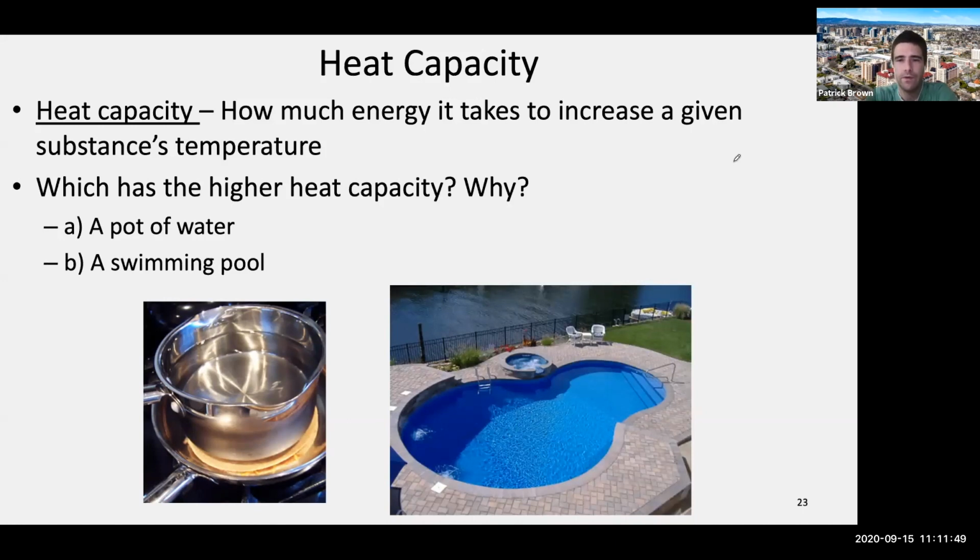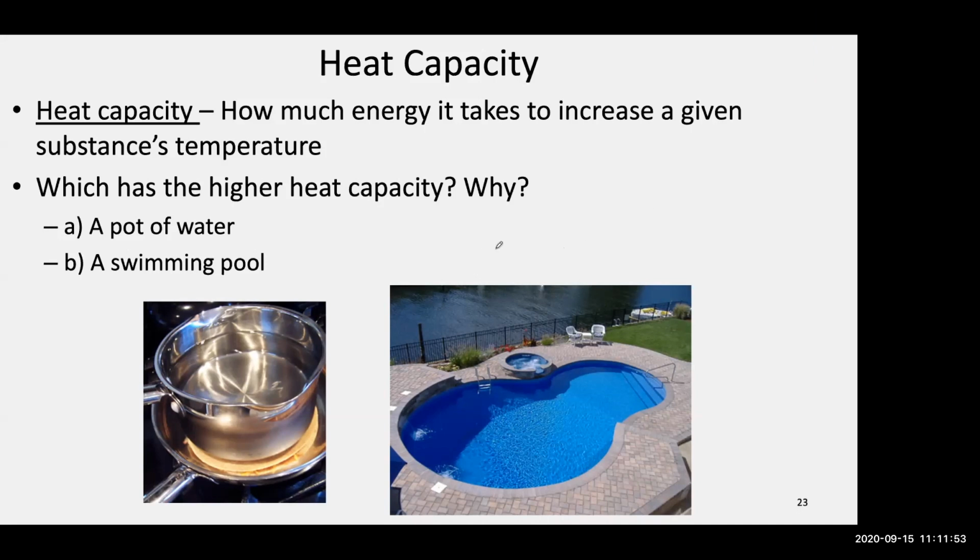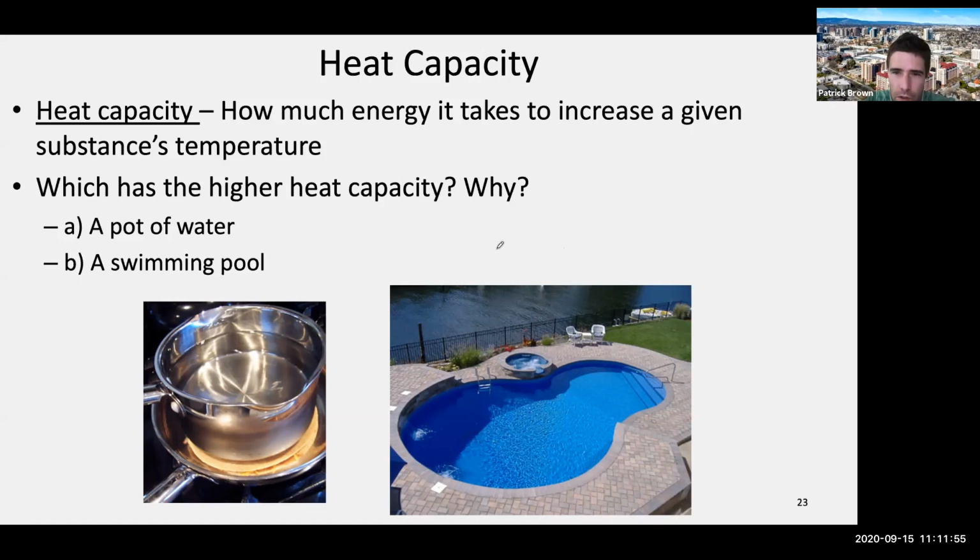The right way to think about this is that if you have 500 joules of heat, and you put that either into your swimming pool or into your pot of water, which one is going to react more to that 500 joules of heat, and which one is going to react less?